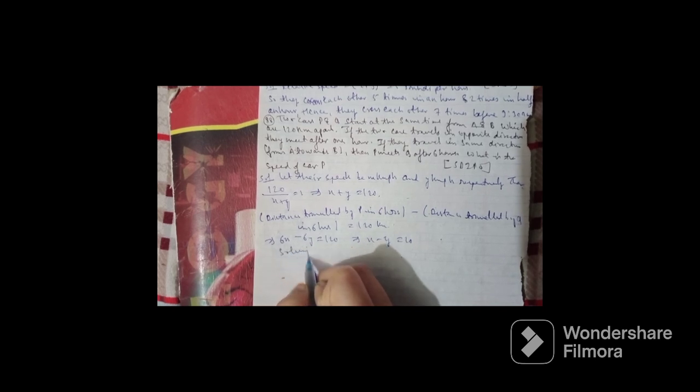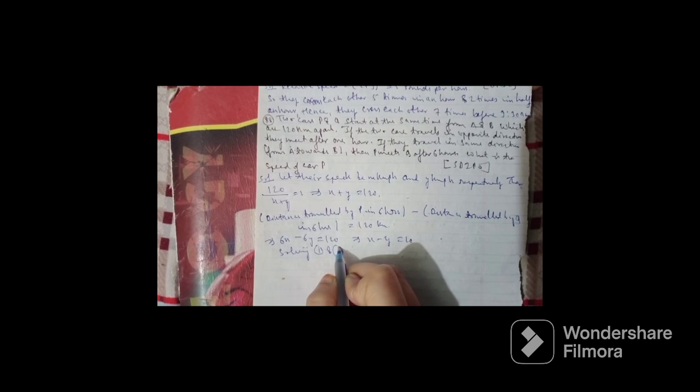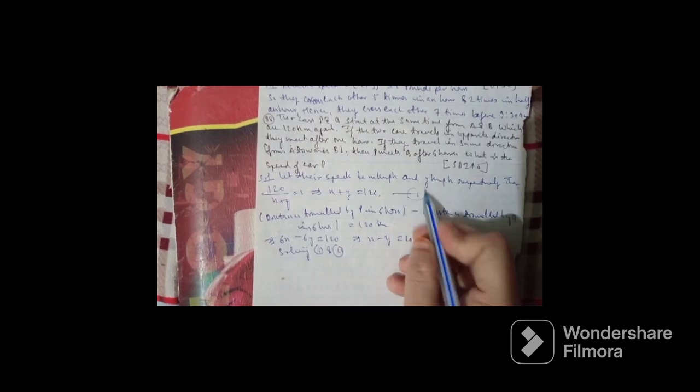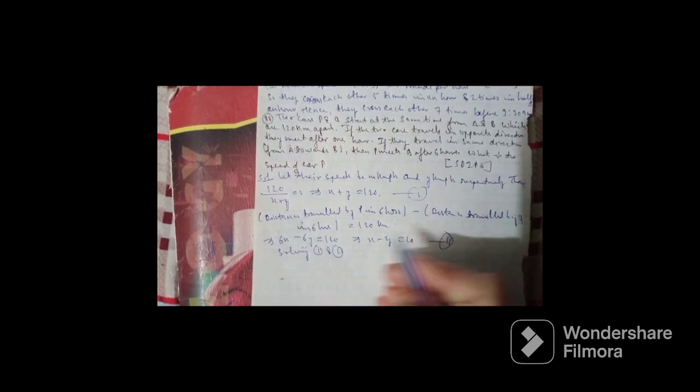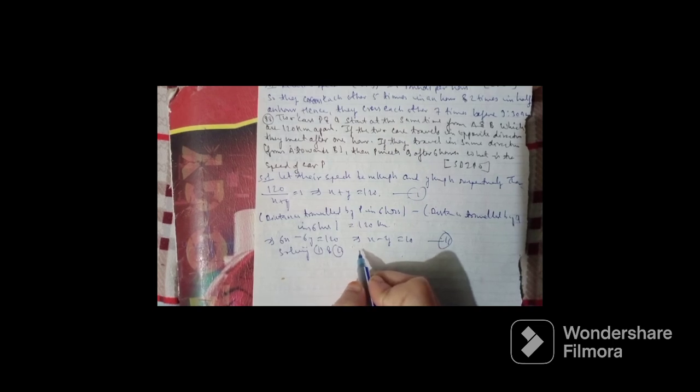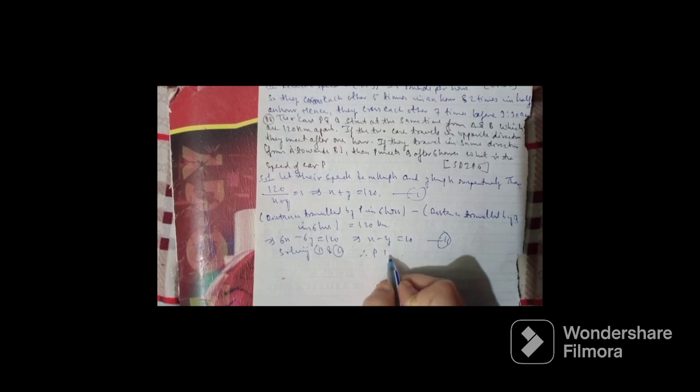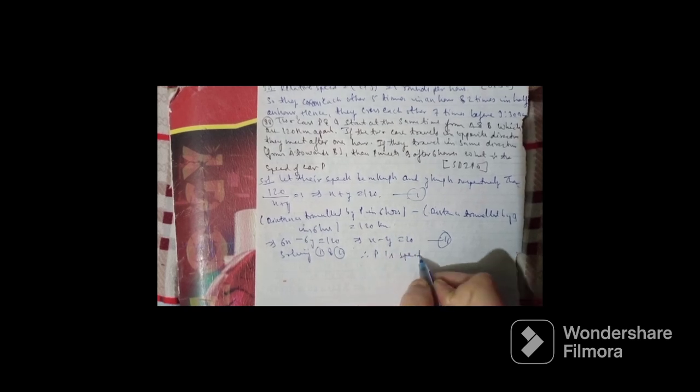Solving the first equation, which is this, and the second one, which is this, we'll get P's speed equals 70 kilometer per hour.